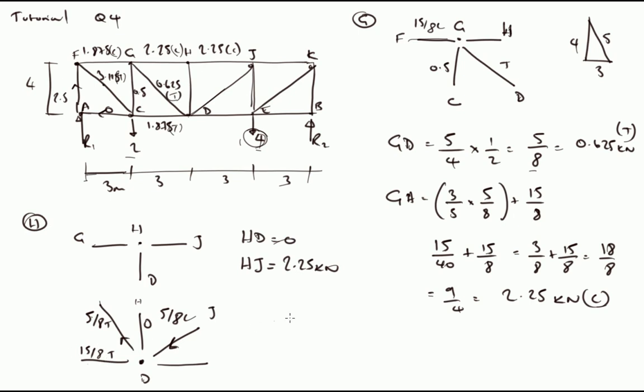15/8 then. So let's just write this all out so you can see what I'm kind of doing in my head. But sigma vertically, DJ must equal minus 5/8 relative to DG, so that instead of being in tension it is compression, so that's 0.625 compression.